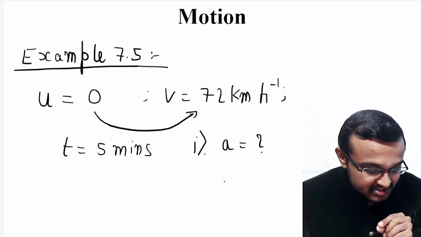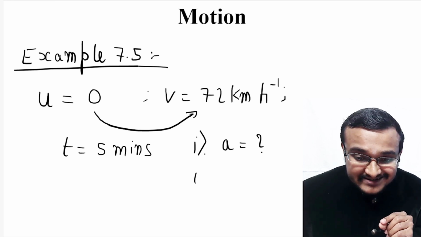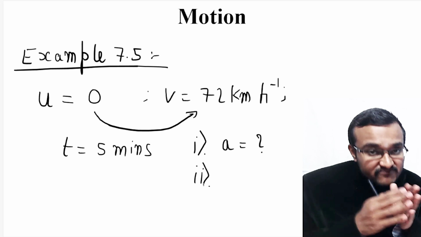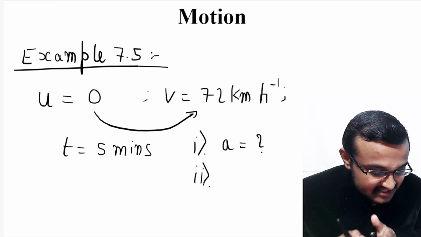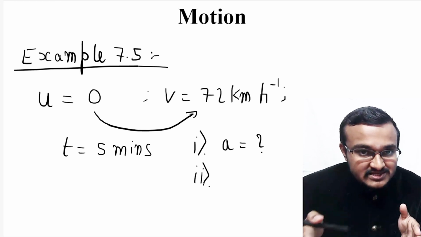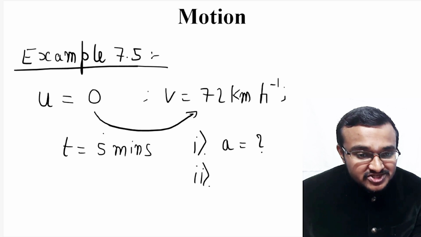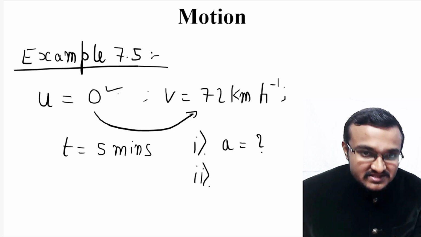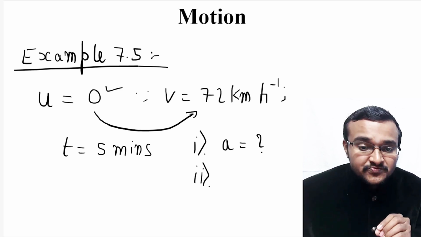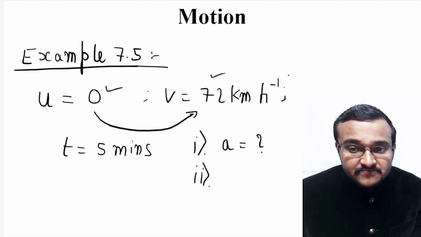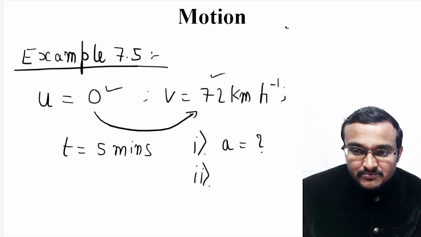And the second question they have asked here is the distance traveled to attain this final velocity. So the distance traveled by the train for attaining this velocity. That means at a particular position it was at rest, that is the initial velocity will be 0, and at a particular position it has attained velocity 72 km per hour. Let's say this is the point where the train is starting.